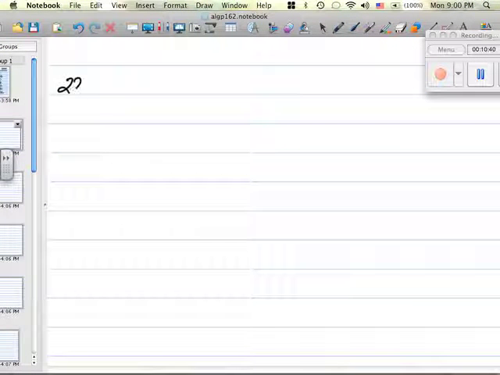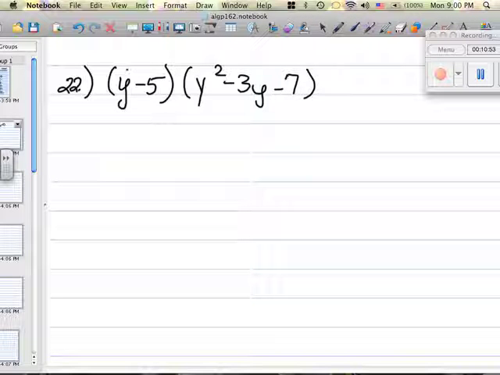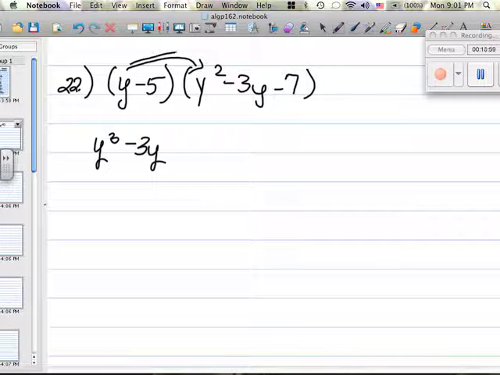Problem 22, we have y minus 5 times the quantity y squared minus 3y minus 7. Taking y times all 3 terms, we get y cubed minus 3y squared minus 7y.